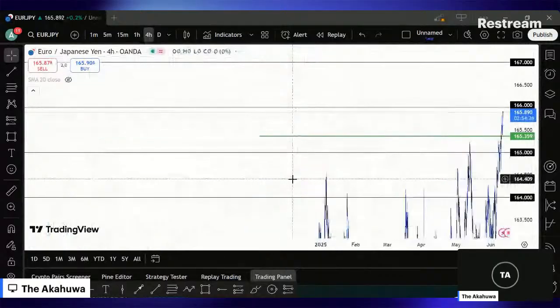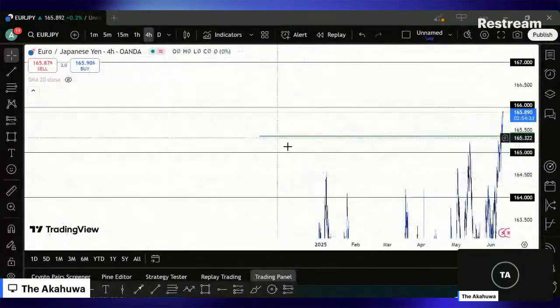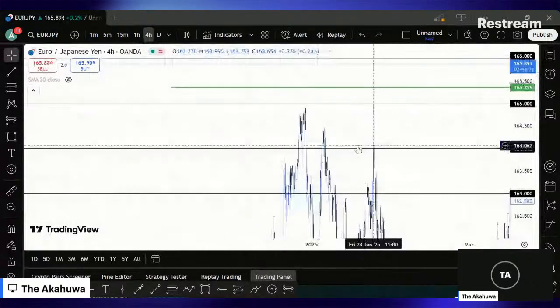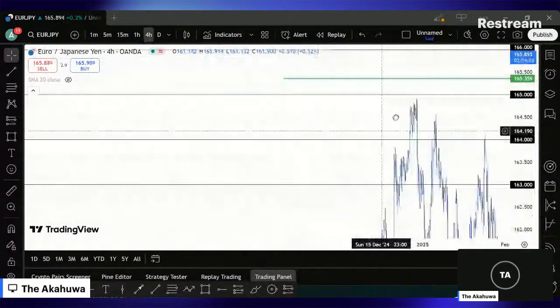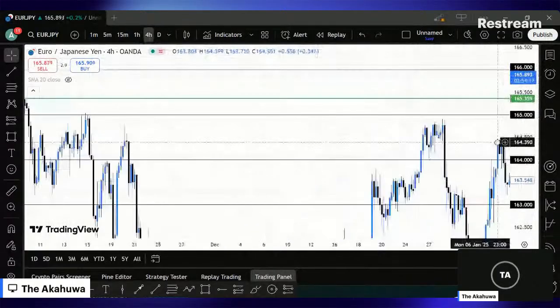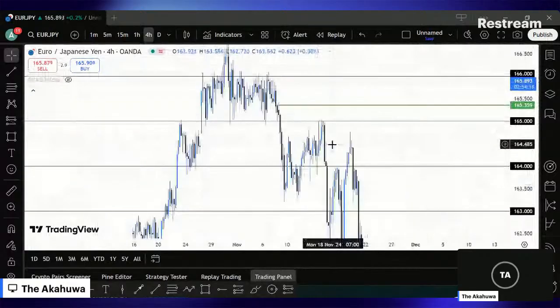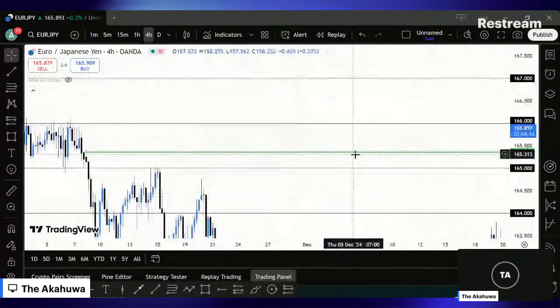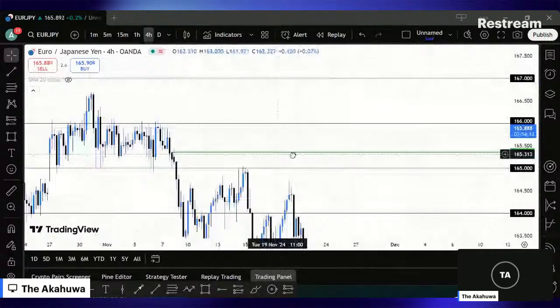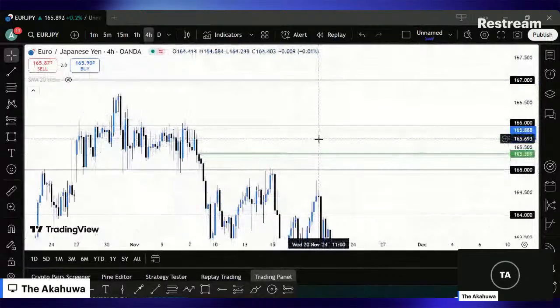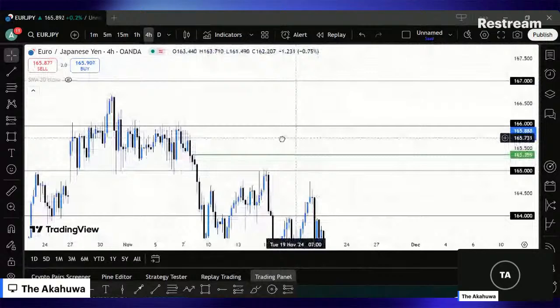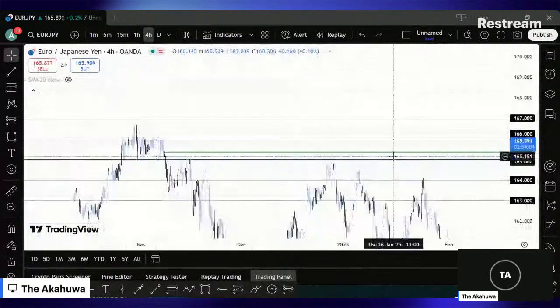Yeah. So this is Euro JPY. I'm seeing that, pay attention to this. Let me show us this.